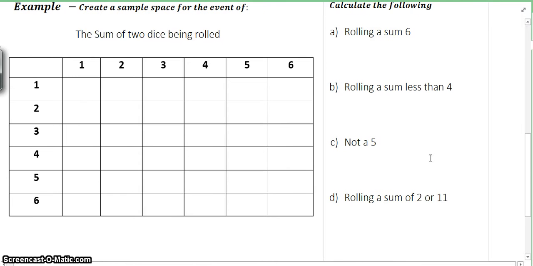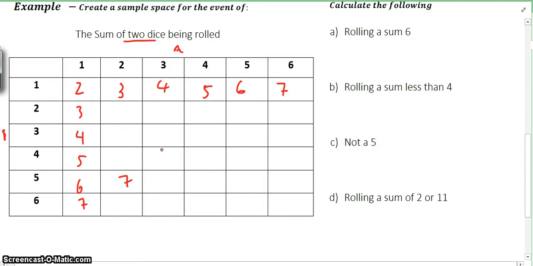Alright, so just another quick example. Create a sample space for the event of the sum of two dice being rolled. So the sum of two dice. One die would be the event A, and the second die would be event B. So it's asking for the sum. If you remember what the sum means, addition. So this is 2, 3, 4, 5, 6, 7, 3, 4, 5, 6, 7.